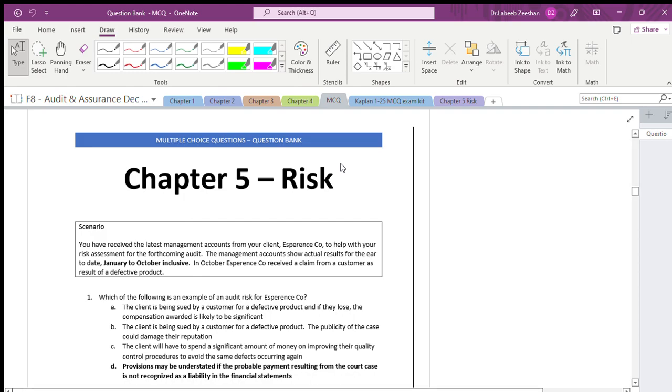Is it right? Multiple choice questions for risk. Okay, section A. Fine.